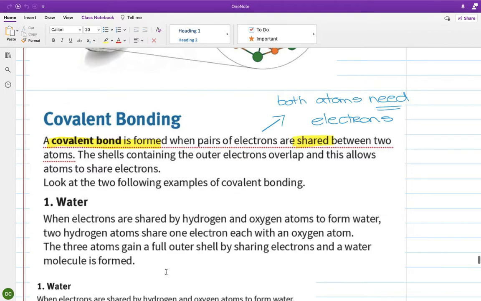In covalent bonding, it tends to be the case that both need the electrons, okay? And that's how you know it ends up being a share, because nobody's willing to give them away. Like one atom is like, well, I need two, and the other atom is like, well, actually, I also need a few. You know, they're like, oh, well, look, let's just share. Okay, so that's generally how we end up.